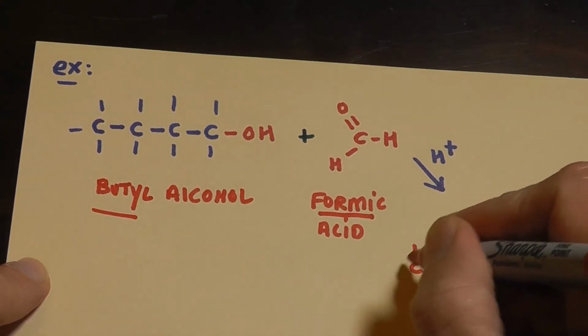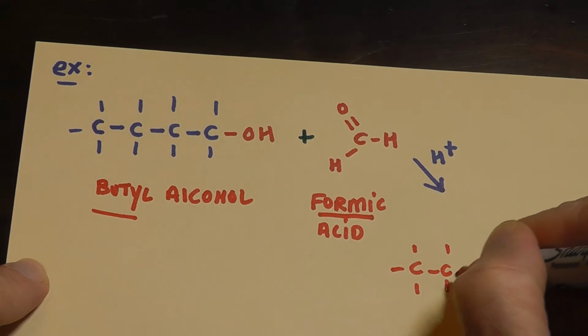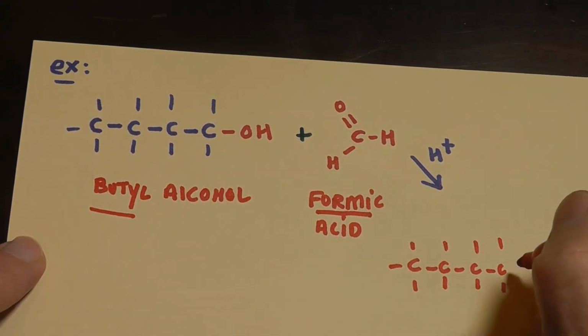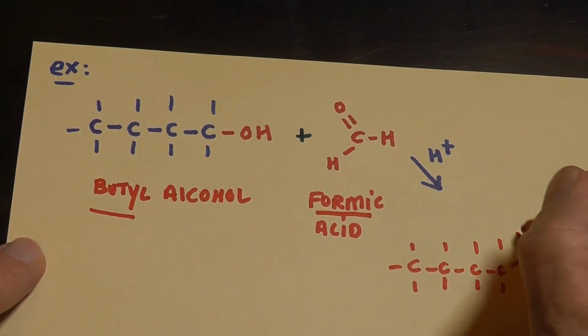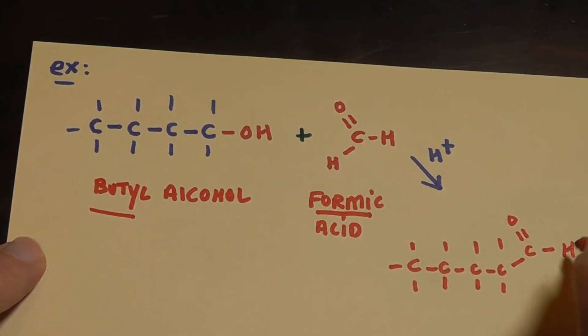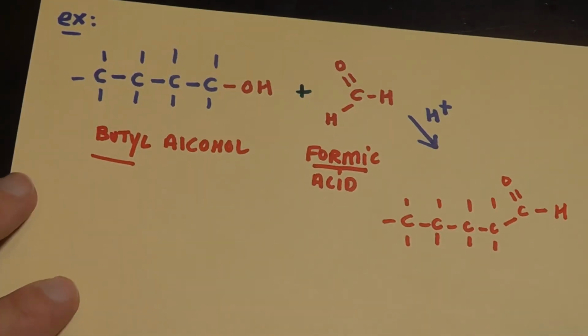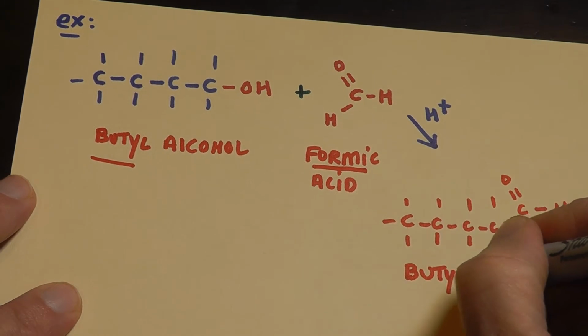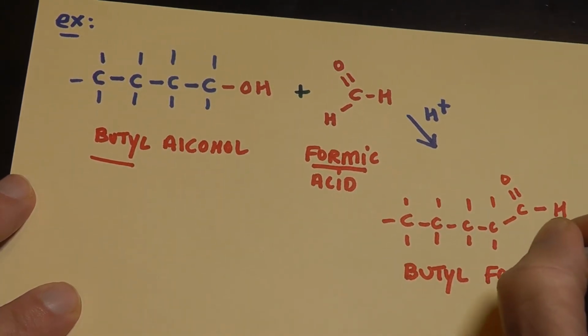So you can have a 4-carbon chain, and that part came from the alcohol, and then you have the C double bond O, and then the part that came from the acid. And so the name of it would then be butyl formate.